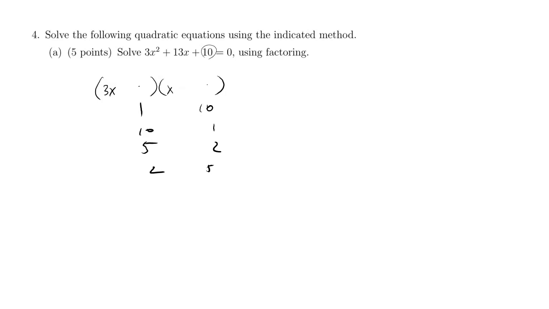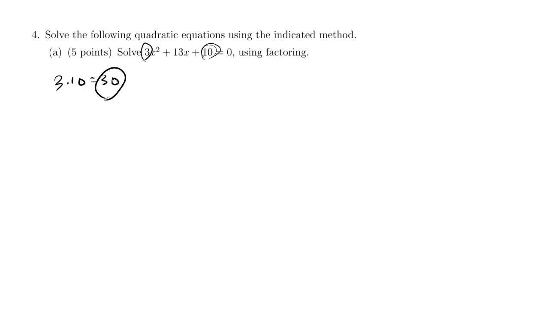But the more systematic way of doing this is to use what we call factor by grouping. So let me explain what that is. First, you multiply 3 and 10. So 3 times 10, which is 30. And once you get that number, you look for two numbers that multiply to 30 and two numbers that add to the middle number, which is 13.